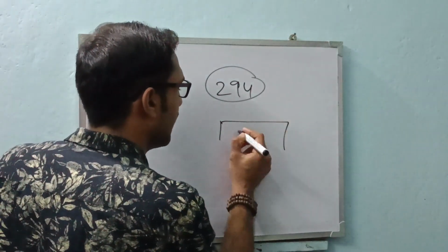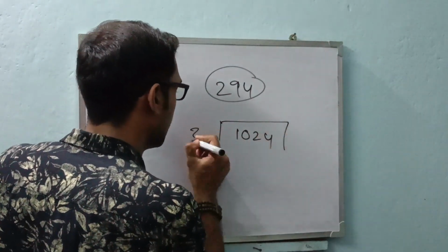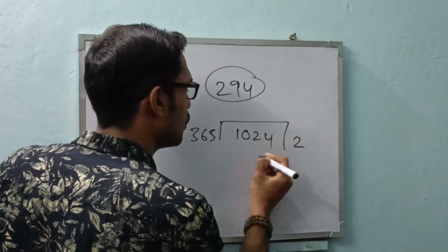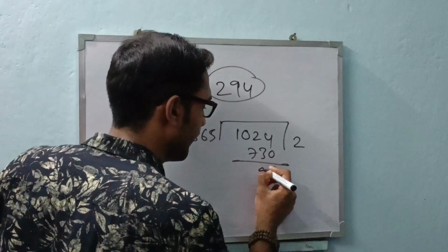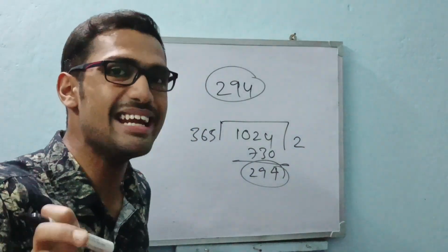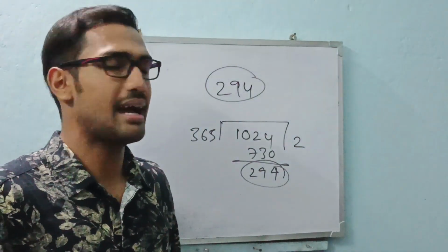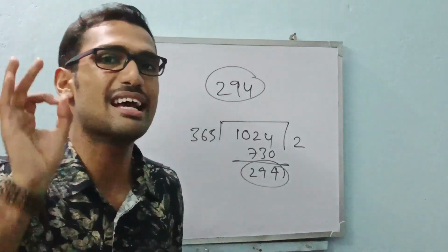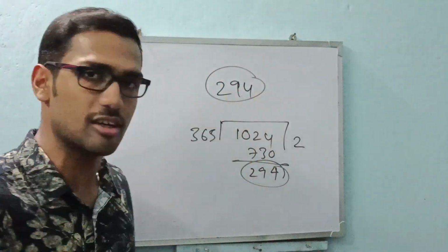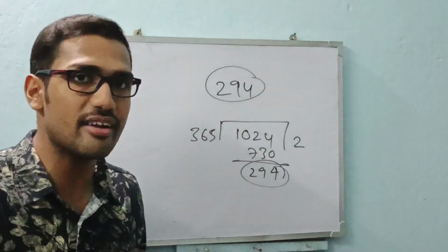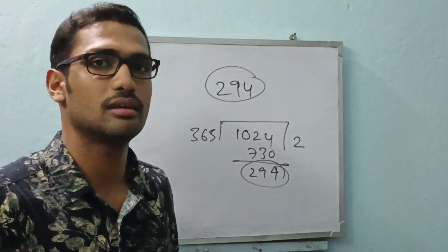What I want is that 1024 minus 365 times 2, that is 730. So 294 is our remaining days from 1024, but I need to find this 294 now. So how will I get this?